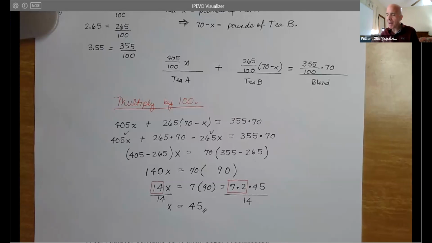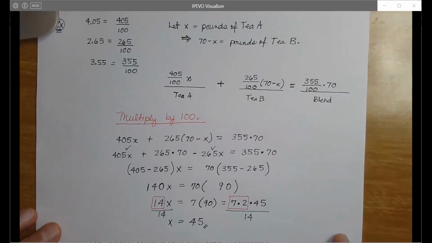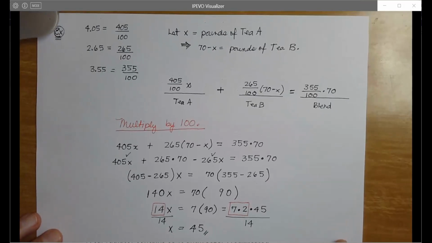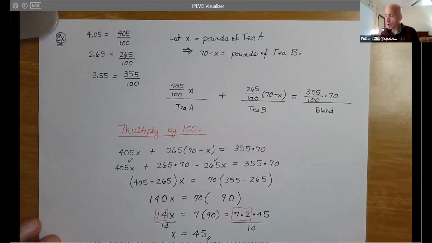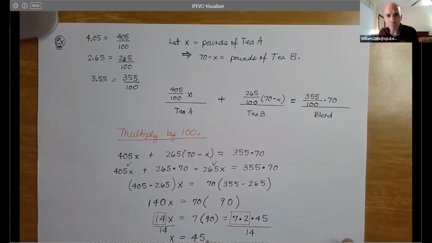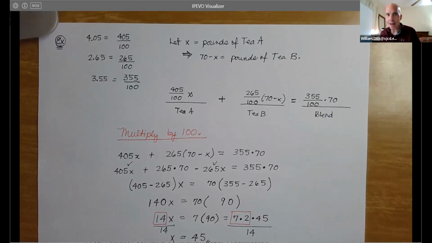Now, can somebody tell me, what do I do with the 45? What does it mean? Let's look back. Yeah, 70 minus 45 to find the pounds. And who's speaking now? Is that Brian? Noah. What does this 45 represent? Pounds of TA.